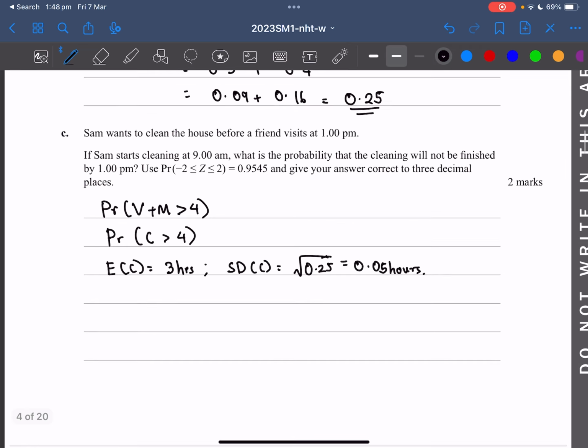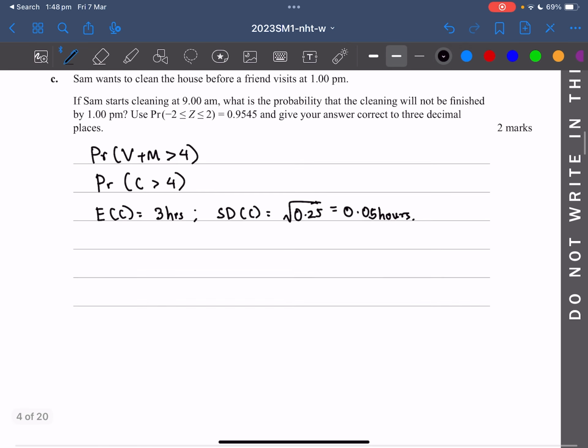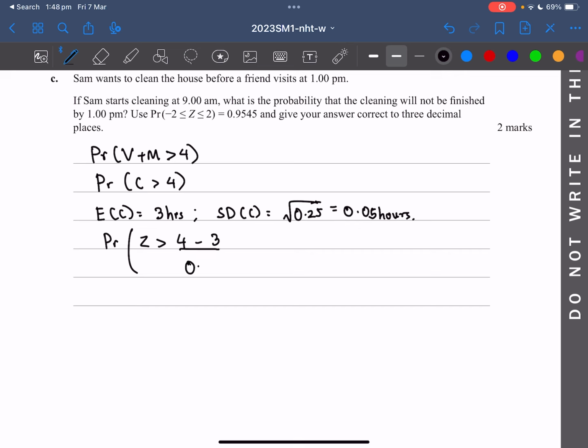Now we can express this as a standard normal, so that will be our next step. The probability that Z is greater than the value of X, which is 4, take away the mean value, which is 3, over the standard deviation, which is 0.5.